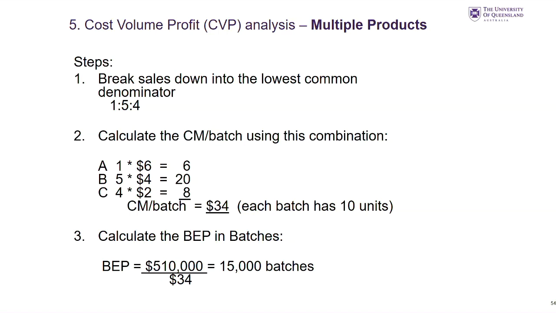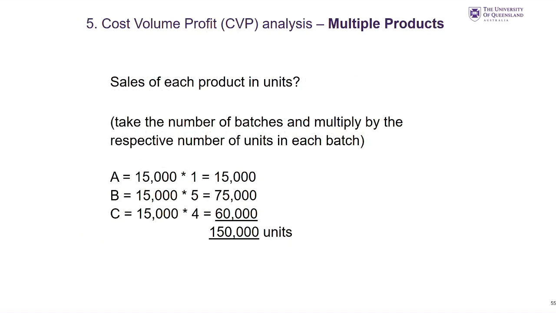But that doesn't answer our question. Our question is, how many units of A, B, and C do we have to produce and sell to break even? So we can use this information along with, we know how many units of each product are in each batch, so we can just times the number of batches by the units of product in the batch. So we know that we need to produce and sell 15,000 units of A, 75,000 units of B, and 60,000 units of C to break even.